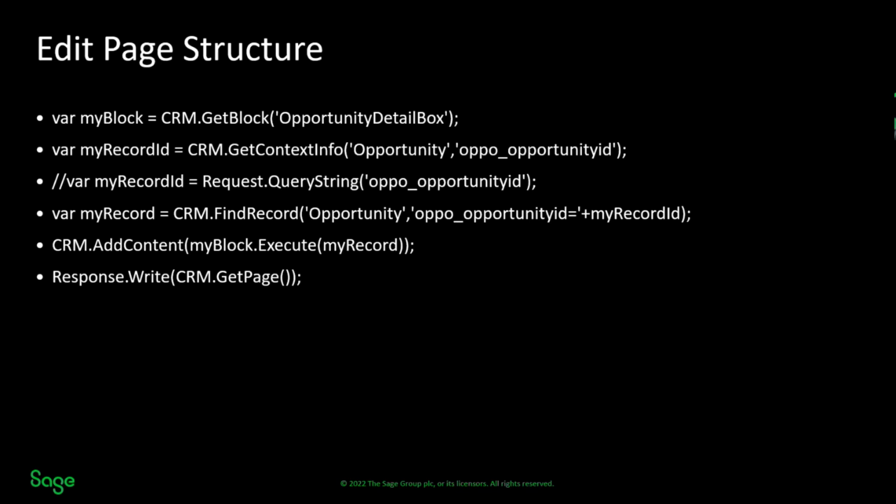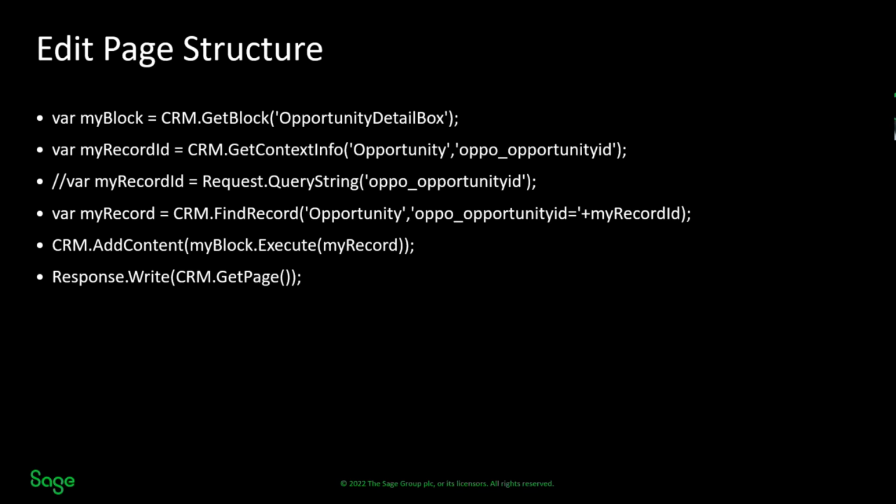Then the record is passed to the screen, with the fundamental execute method being carried out to construct the content being added to the content, which will eventually be written out within the page. So we're building complex pages with only a few lines of code.